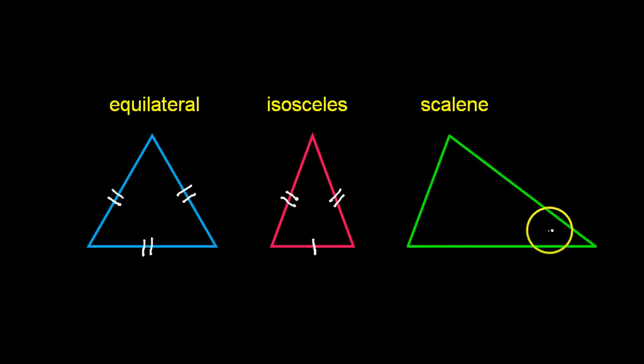So if I wanted to show that this was scalene, I would mark each one of these sides with a different number of marks to show that I'm looking at three different side lengths. So maybe, for example, this could be marked with a single, this could be a double, this could be a triple. And that would mean that all three of these are different, and that would show that this is scalene.